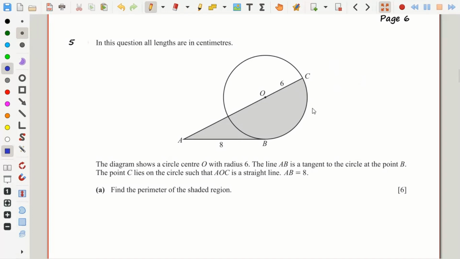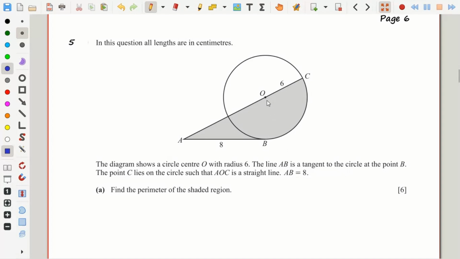Okay, so I believe you have figured something out. Now let's see. So the center has radius. Okay, the radius is 6. AB is tangent to the circle.